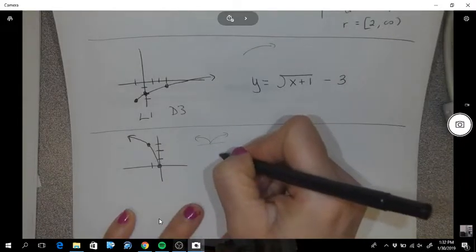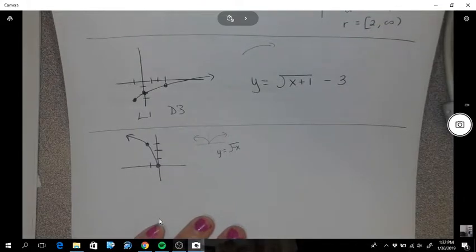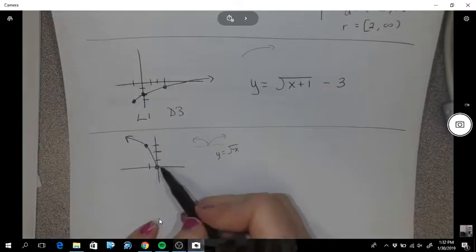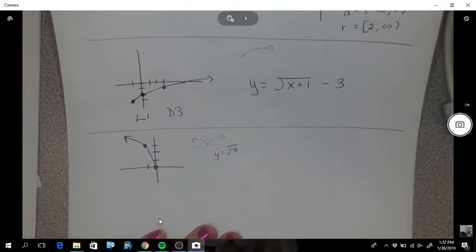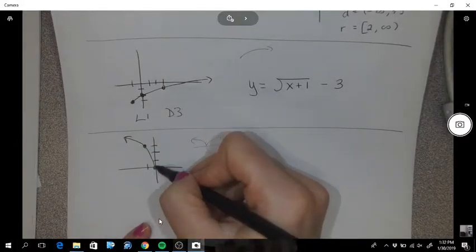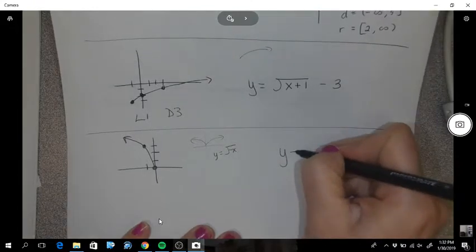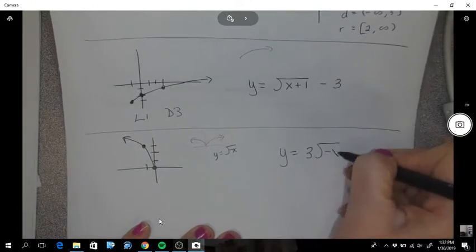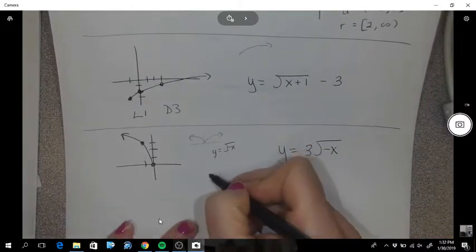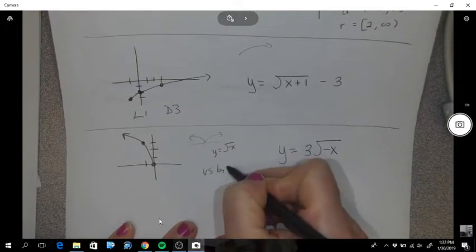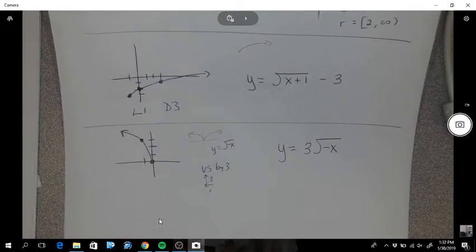So I would have had to do a -x in there. Then I'm thinking my 1 over 1 up is not the same. So now there's a vertical stretch of, instead of 1, 1, I went 1, 3. So my final equation would be including a vertical stretch of 3 and reflection. Okay? Alright.